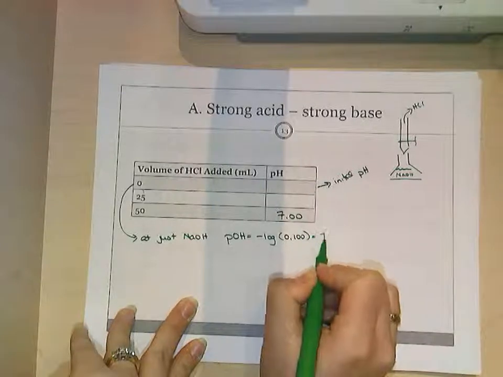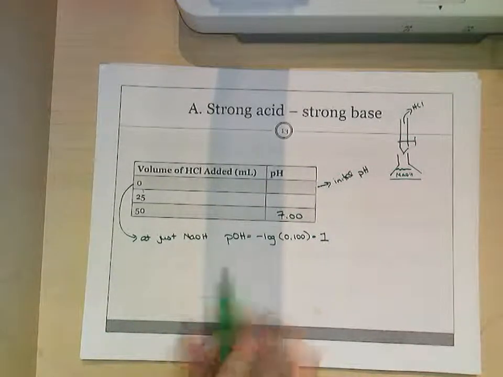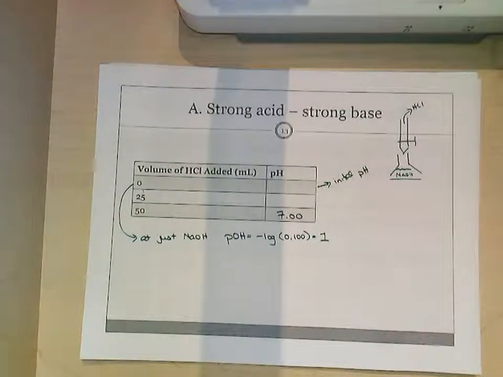All I have is a concentration of strong base, so I can just use the pOH. It's the only thing in there. There's no conjugate acid base, there's no buffer, there's nothing else in there, just strong base.